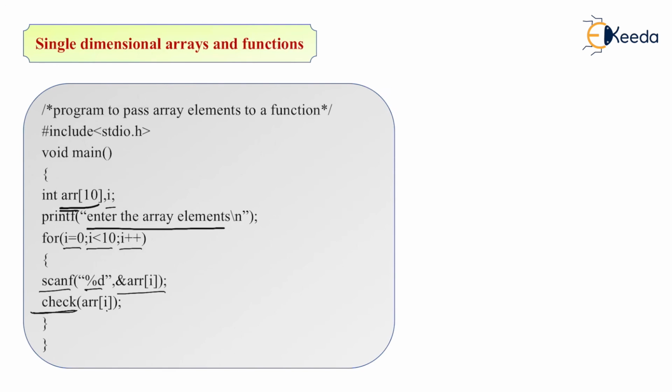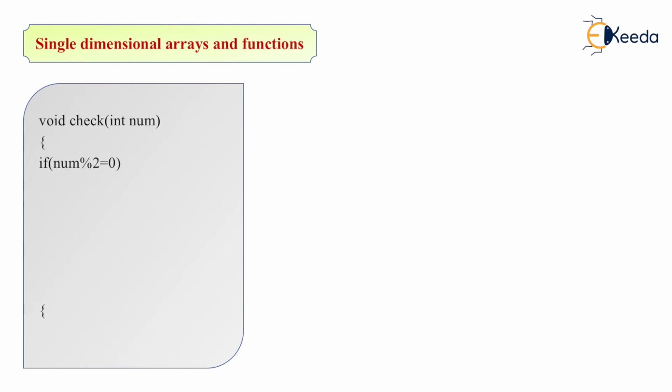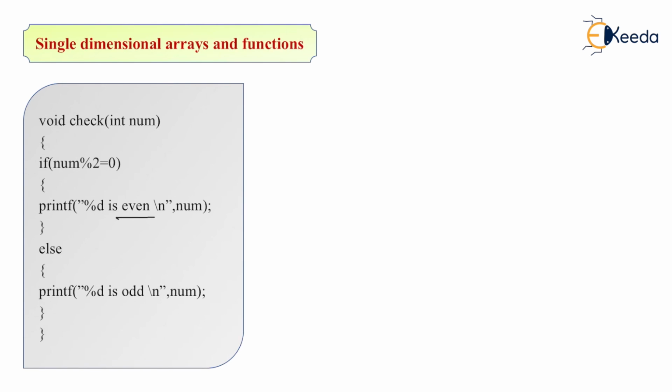Fine. Now we'll see what this function is. This function is just checking whether the number entered by the user is even or odd, using the condition num modulus of 2 is equal to 0.